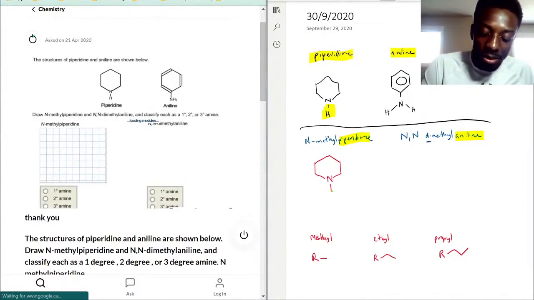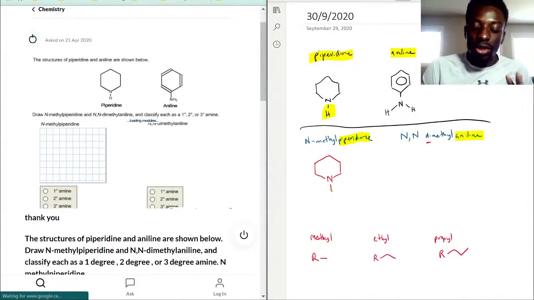You see dimethyl, as in di, meaning 2. So that means you have 2 methyls attached to that N in the aniline, hence why it has N,N. It tells you both of them are attached to the N. And the reason why this is good is you notice right off the bat, this nitrogen had 2 hydrogens.